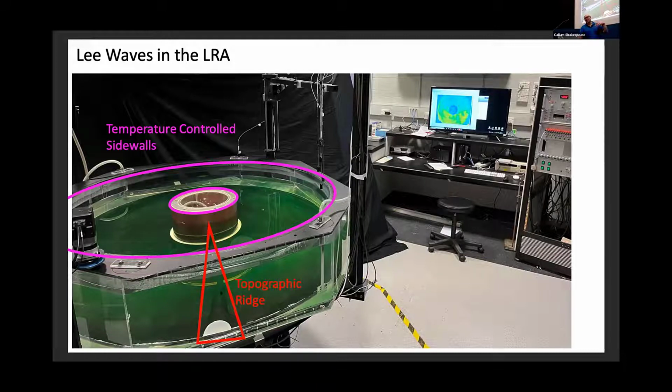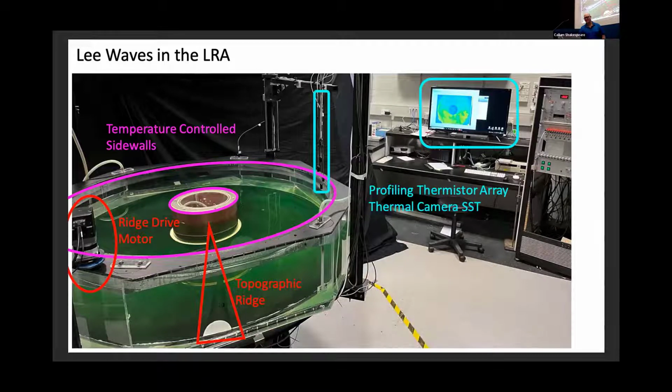We've got a motor that drives a ring that is fixed to this topography. So this motor actually rotates the topography around the annulus while the annulus is spinning. I'll show you a video of that in just a second if that's not totally clear.